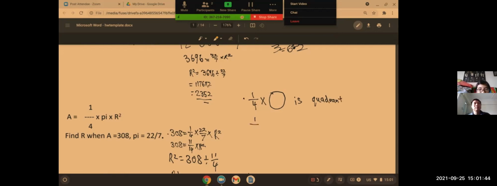Five times. When you write, please voice out. Quarter times full circle is quadrant. Quarter times full circle is quadrant.